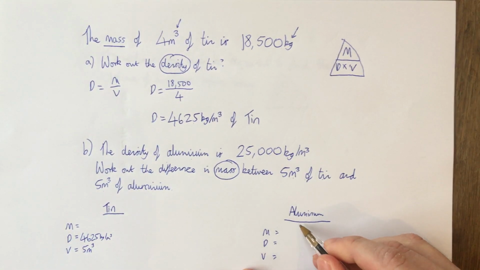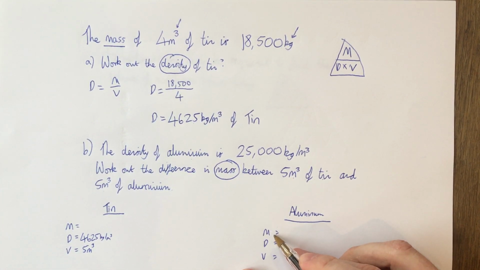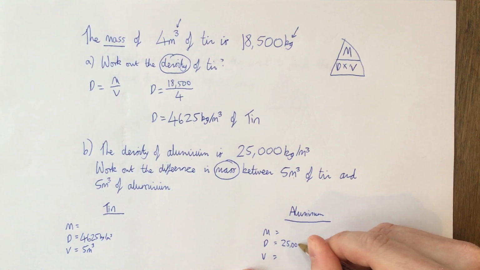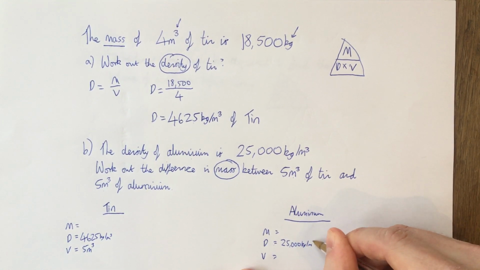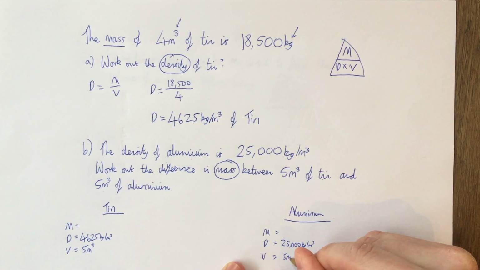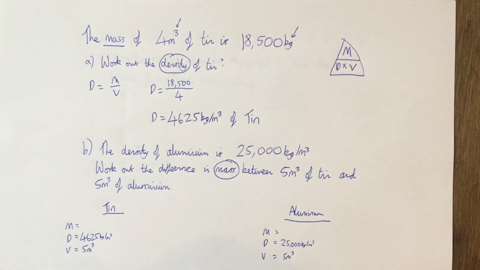Okay, now the aluminium, the mass we want to find out, the density is 25,000 kilograms per meter cubed, and the volume is here as well, 5 meter cubed. So we've now got what we need for both calculations to work out the mass here and the mass here.